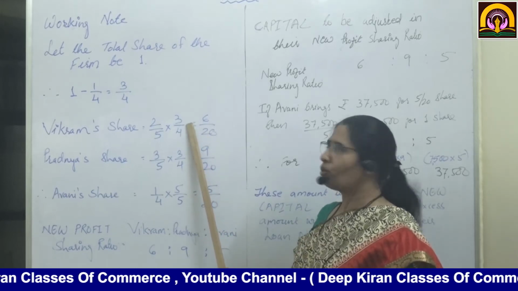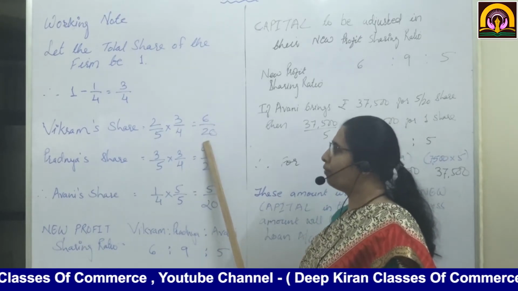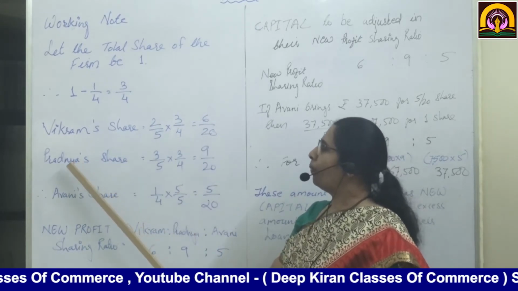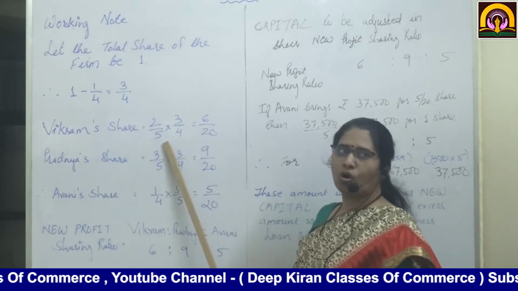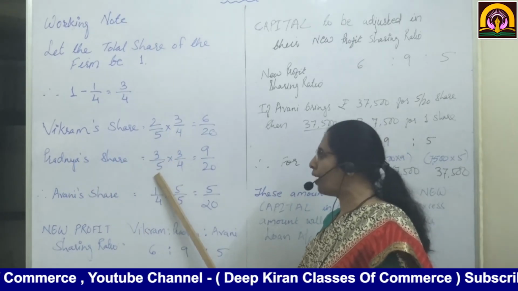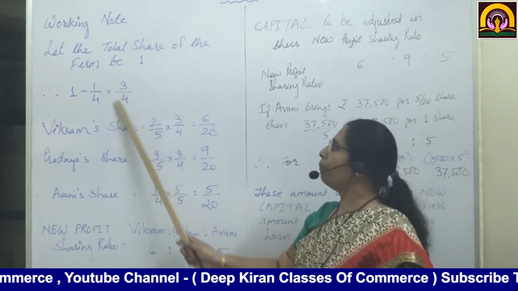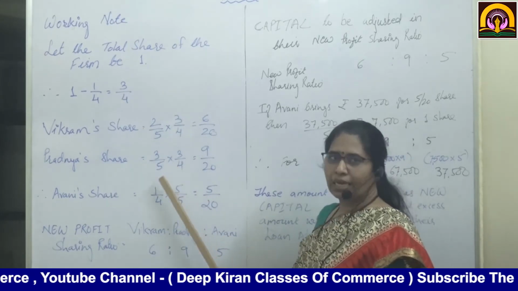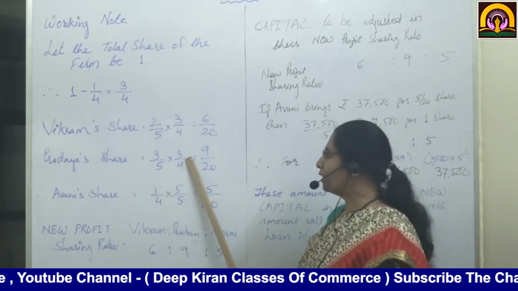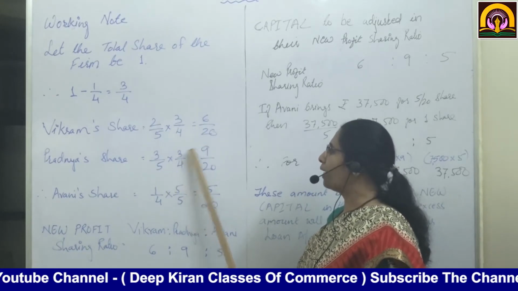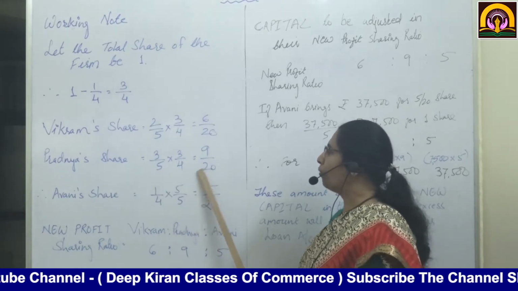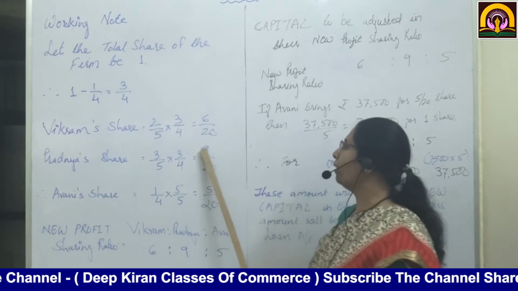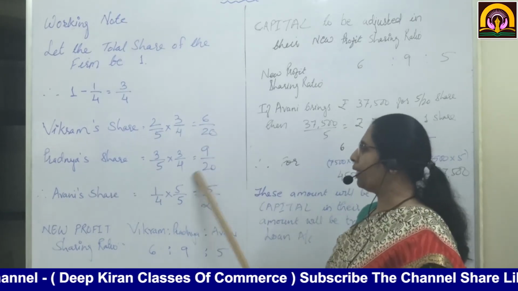So the ratio is 6 upon 20. Now Pradnya's share. Old share was 3 upon 5 into remaining share 3 upon 4, 3 threes are 9, 5 fours are 20. So it is coming 9 upon 20.